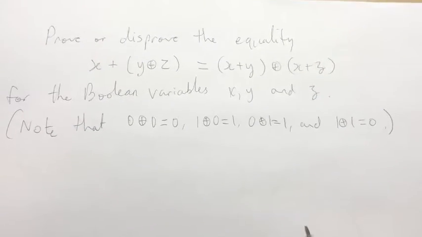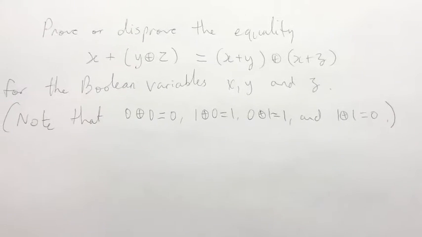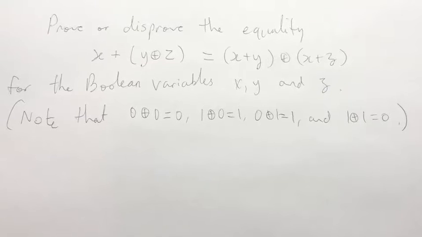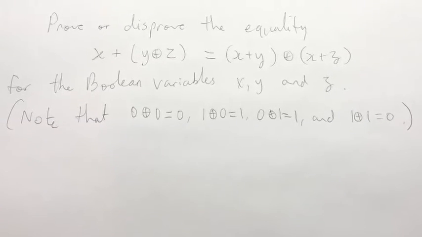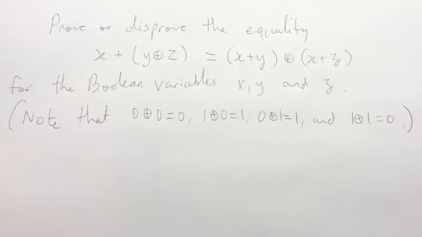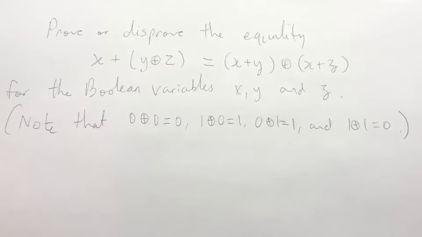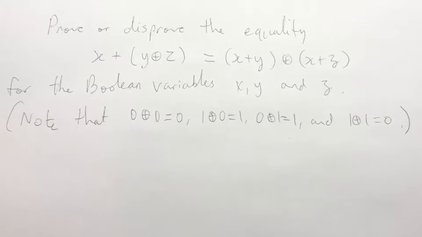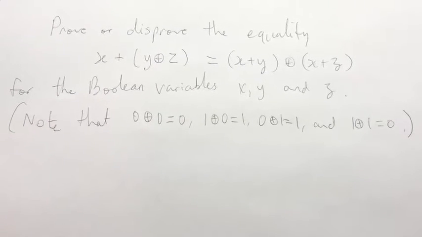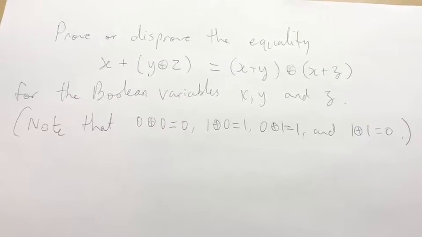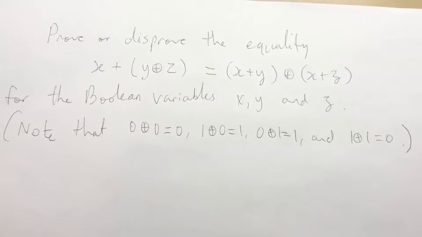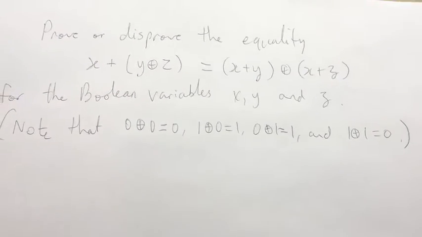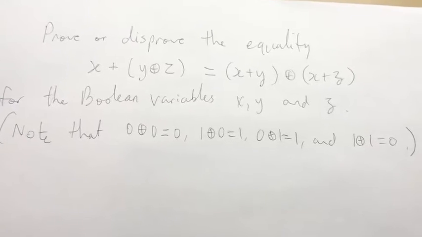Okay, so I want to talk about this question and maybe go through some of my thought processes, because it might be surprising. When I see a question like this, you might think you just have to know what all these symbols mean and what Boolean variables are. Well, that's not necessarily the case. Maybe you do from the course, or maybe you don't. But when I look at this question, I do wonder what this plus with a circle around it means, and I wonder what Boolean variables are.